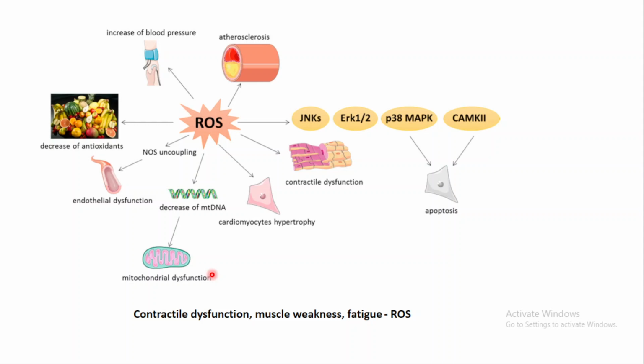So the answer was that excessive production of ROS can cause contractile dysfunction, muscle weakness and fatigue, and can also cause many other health conditions like increased blood pressure, atherosclerosis, and endothelial dysfunction. I hope it is clear to the students that ROS can cause many diseases due to excessive production in the skeletal muscle system.